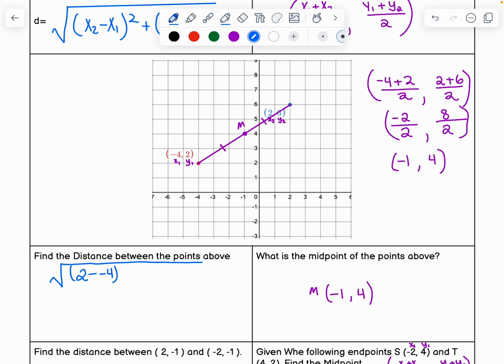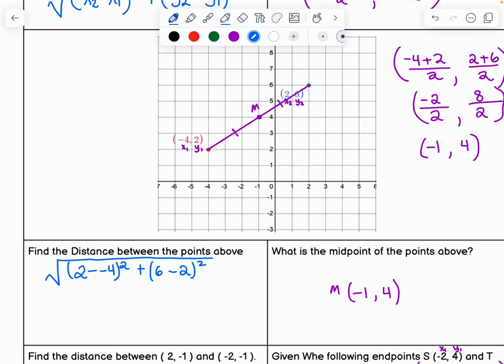We'll fix that in a second. Plus y2, our y2 is 6, minus our y1, which is 2, squared.